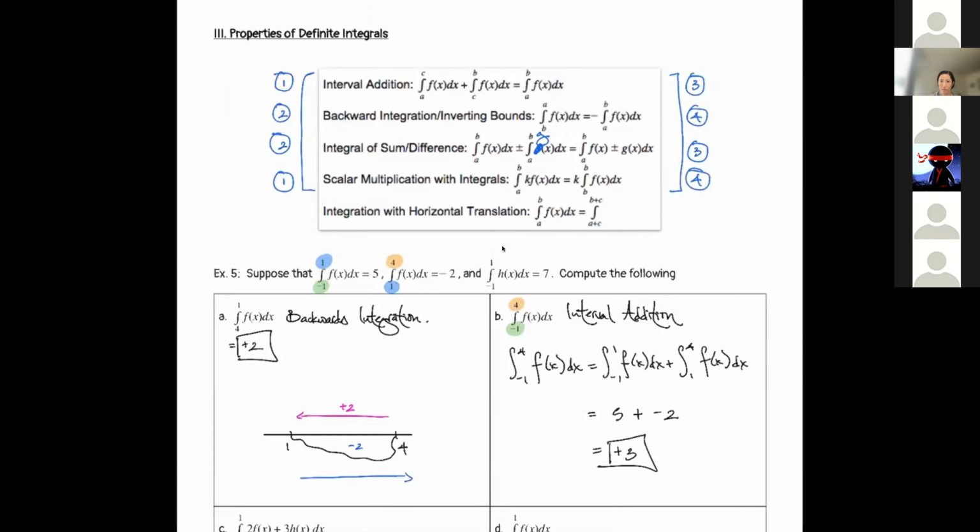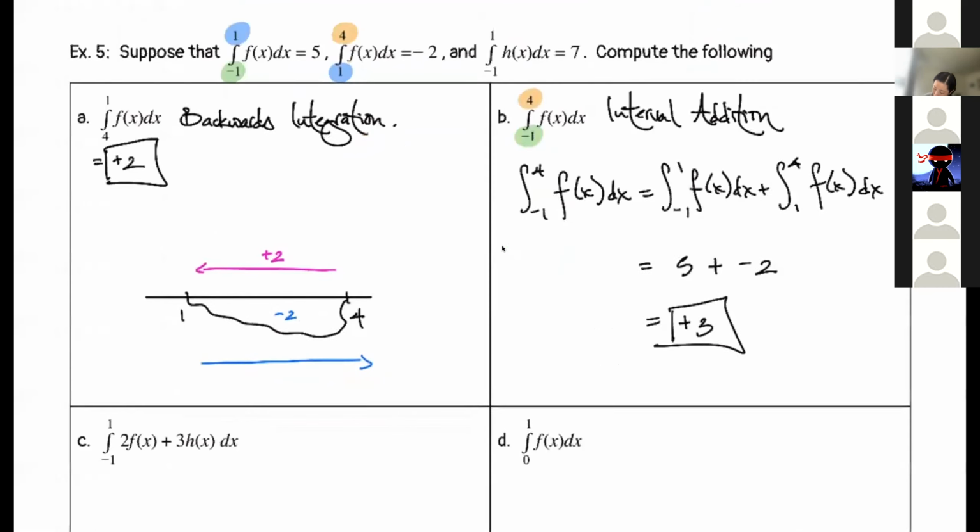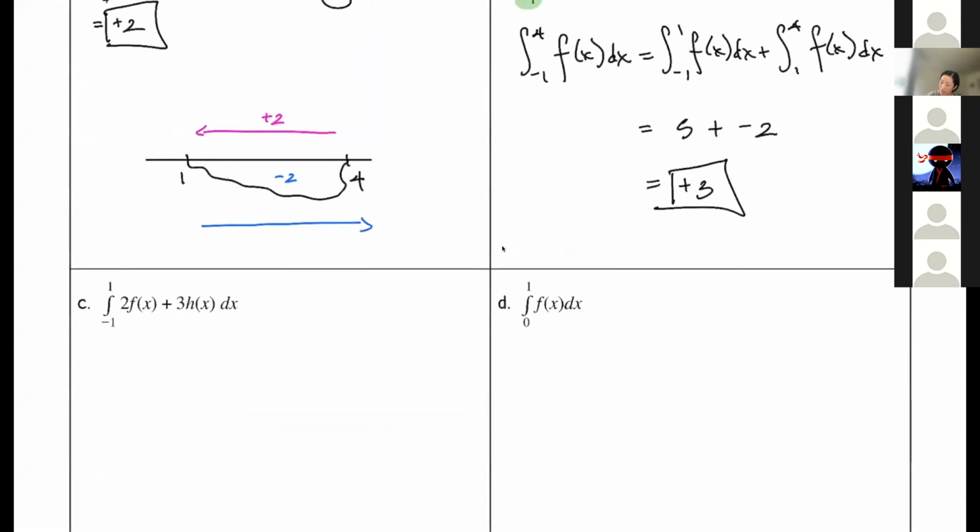So let's take a look at C. All right, we're going to set up C and D, I hope, in the time that we have left. So for C, what rule or rules seem like they might be helpful?